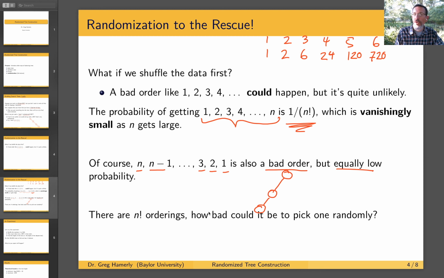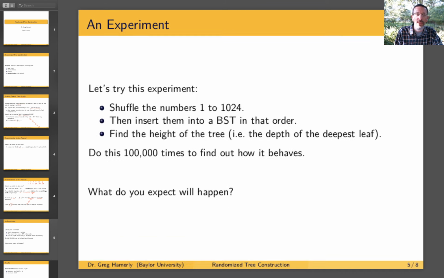Now, out of all the ways we could shuffle our data, there are n factorial possible orderings, okay? How bad could it be if we just shuffled and picked one randomly? How likely are we to get a quote-unquote bad ordering? Well, we could prove what the answer is, but the answer really is not that likely, okay? Because these bad orderings can happen, but they are very low probability.